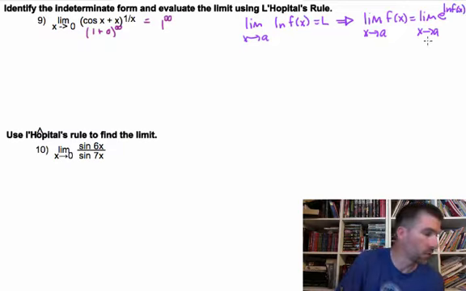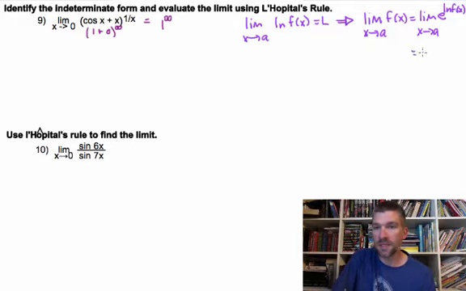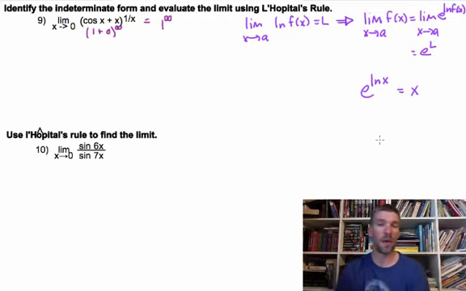I'm starting to run out of room here. And so what that gives us is e to the limit power. If you look at e to the natural log of x, if you just evaluate this little guy, it's the same thing as x. So we're not doing anything illegal. We're following all our rules of algebra.